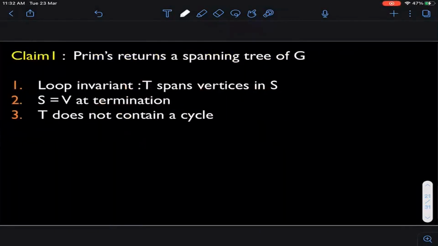Why doesn't T have a cycle? How should we prove this? So if I look at my subgraph T, which is nothing but a set of edges.